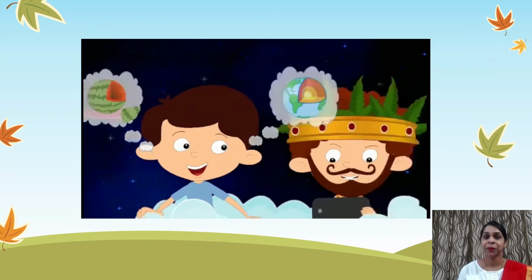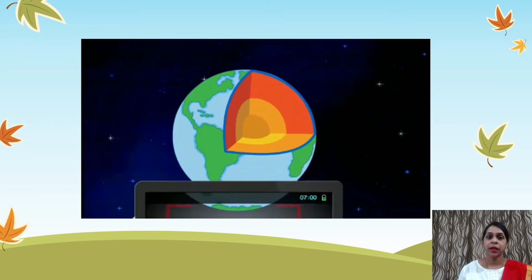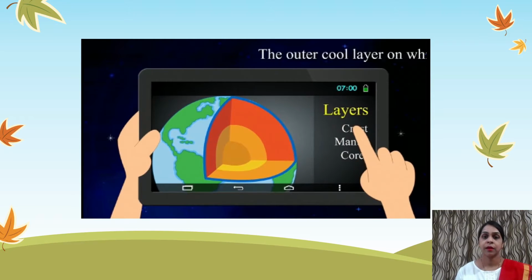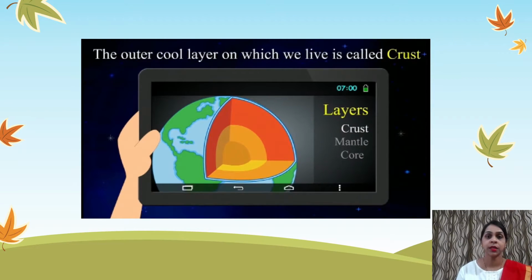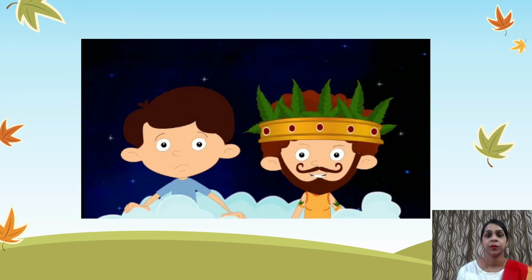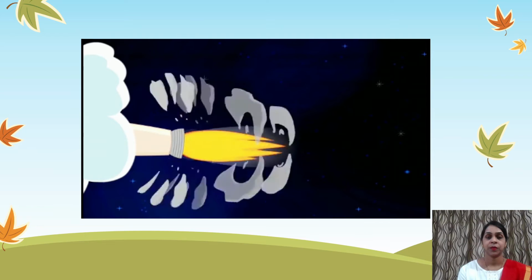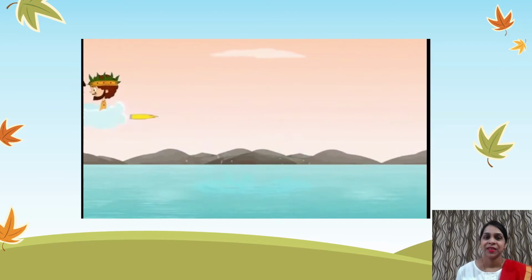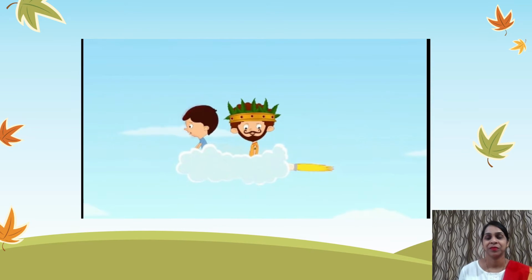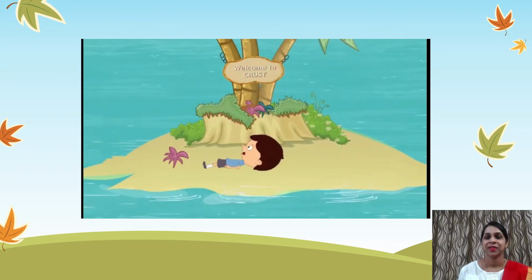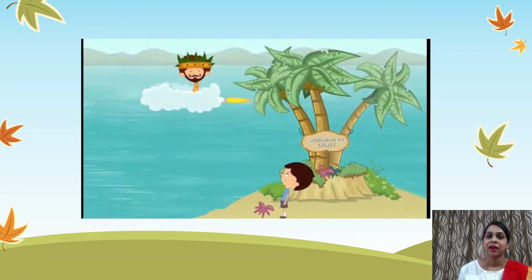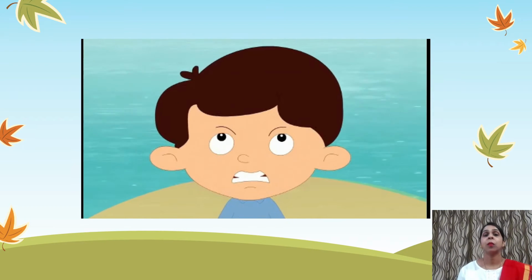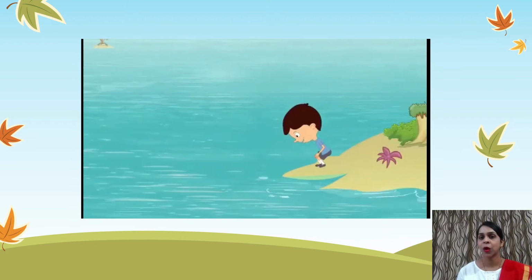As we saw previously, the uppermost layer on which we live is called the crust. Let's go to the crust. The crust, on which we live, is covered with landforms, life, air and soil.